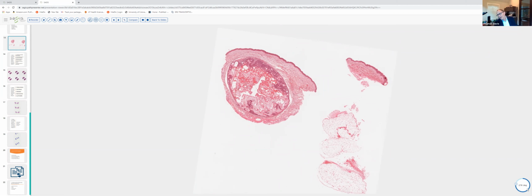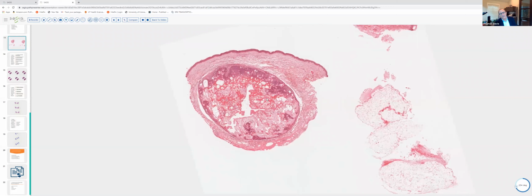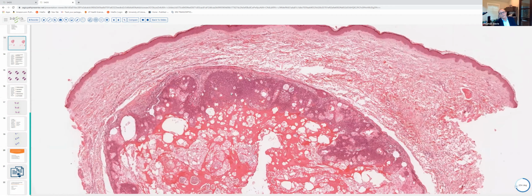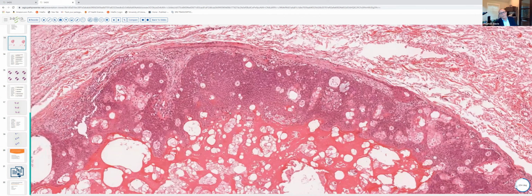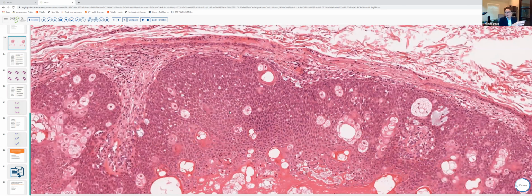And we have a very well circumscribed neoplasm in the dermis with kind of a benign silhouette here. And it's kind of got a little bit of a cystic configuration. And if we look at the periphery of this lesion, we can see we have aggregates of epithelial cells. Most of them have kind of a basaloid or germinative appearance.